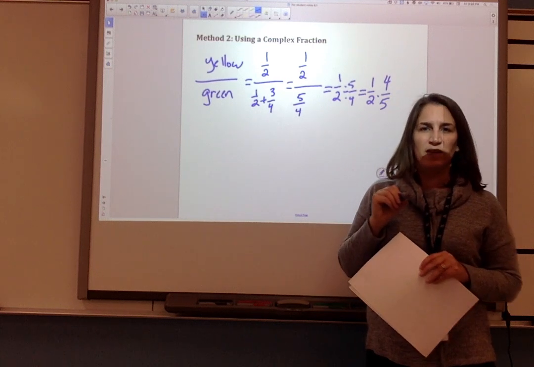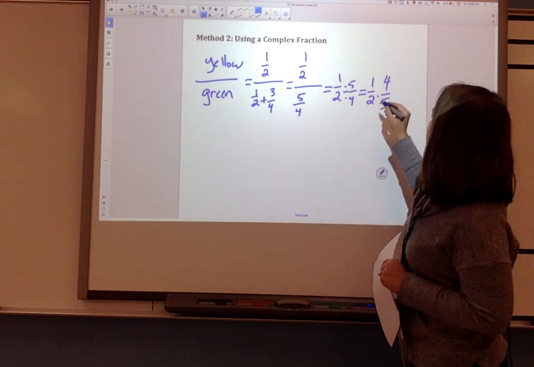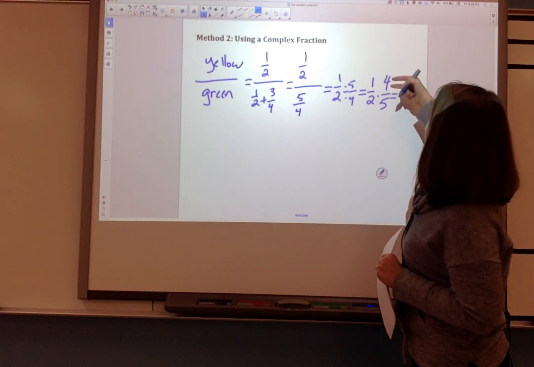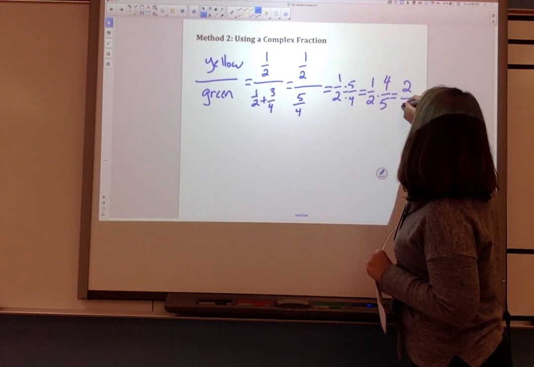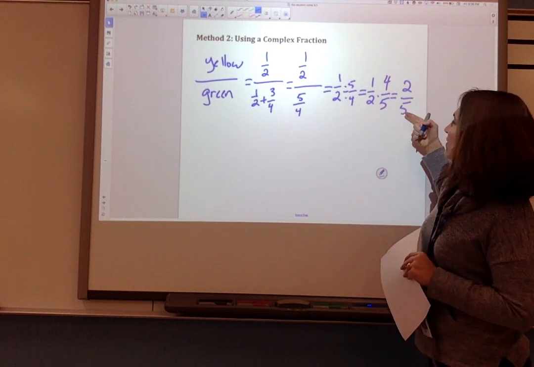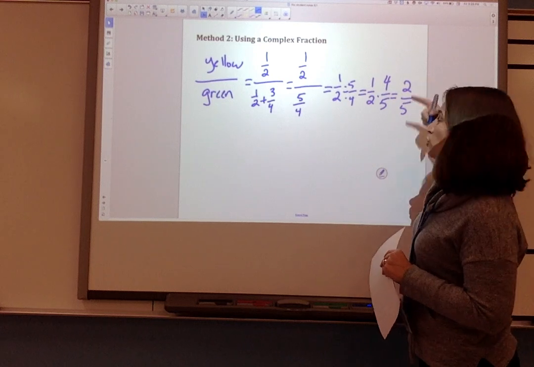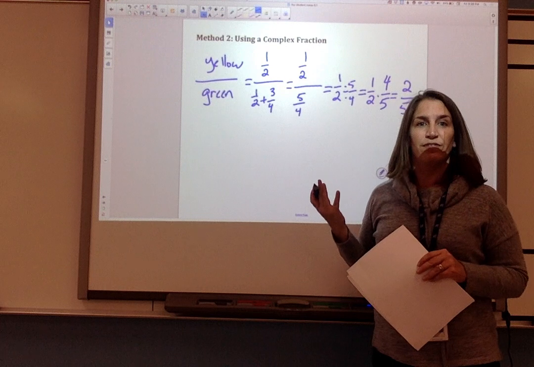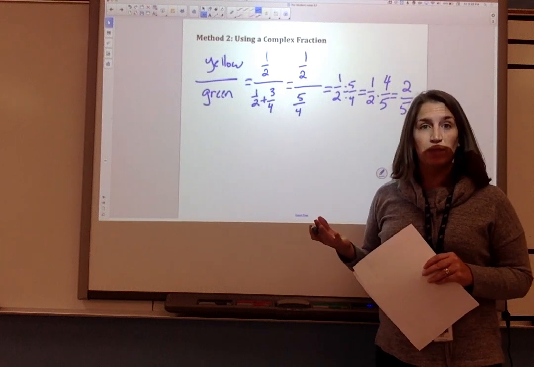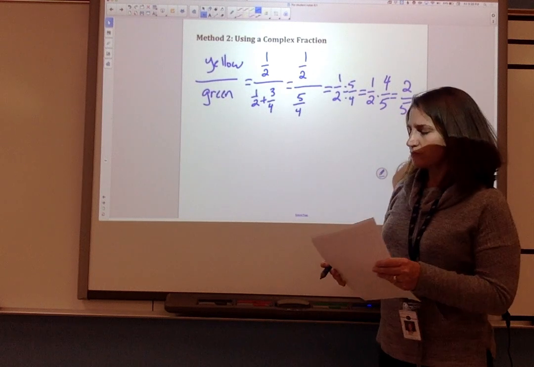Right? That means the same thing if we multiply by the reciprocal. Now we can simplify this and say that's 4/10 or 2/5. So for every 5 cups of green, 2 of those cups are yellow. That must mean that for every 5 cups of green, 3 of the cups would be blue.